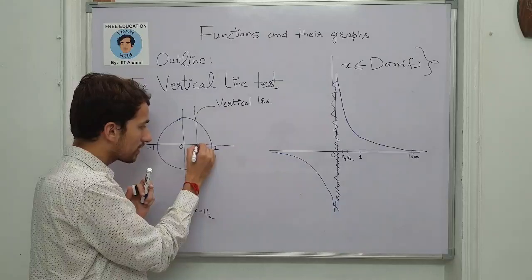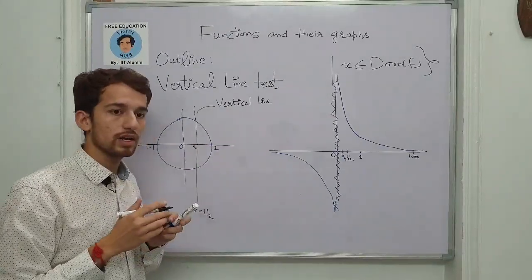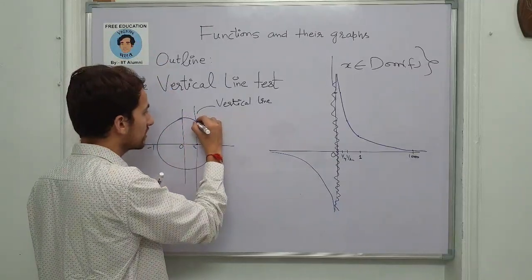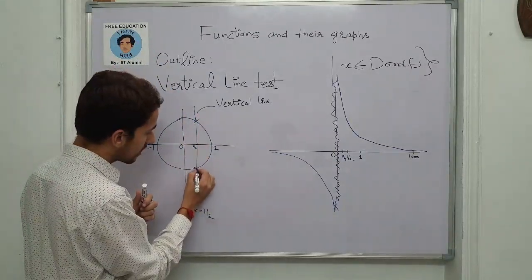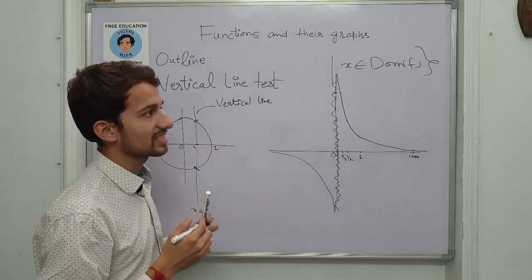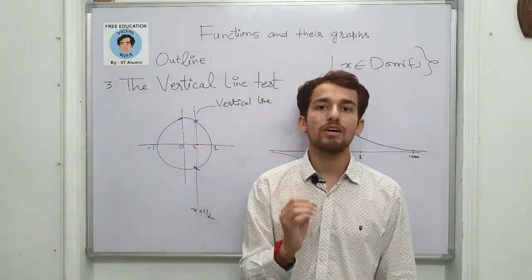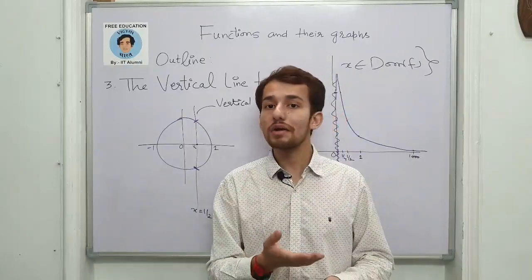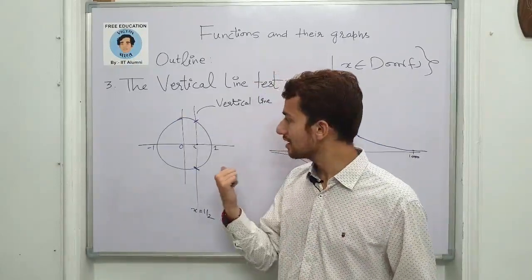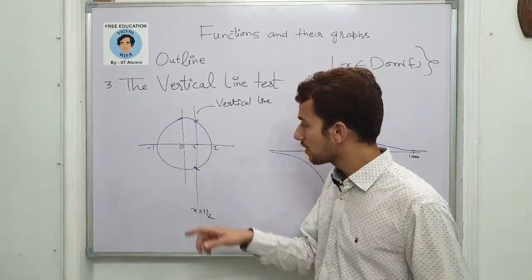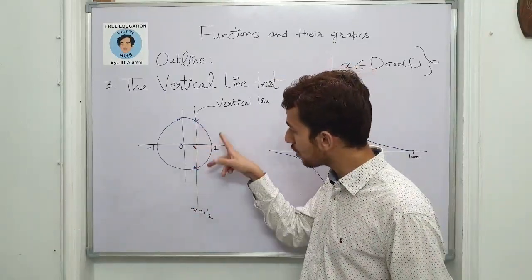Corresponding to this half, which is the input value of the domain, there are two possible output values. One is here, another is here. But as I have already said, in a function corresponding to one input value you can have only one output value. So this curve is not a function, because corresponding to half you are getting two output values.